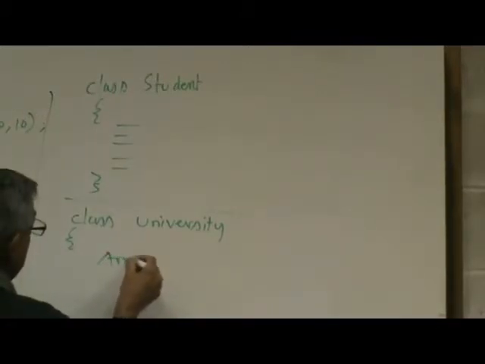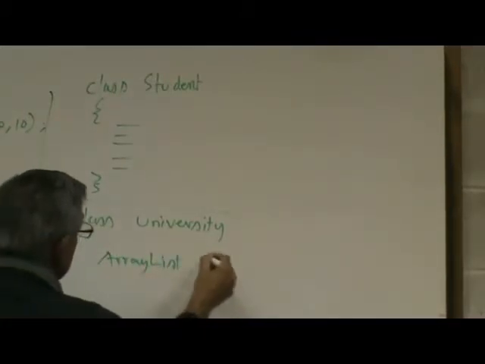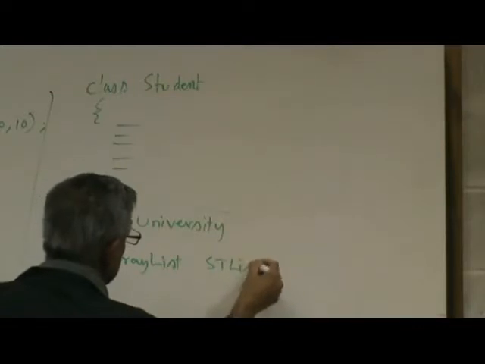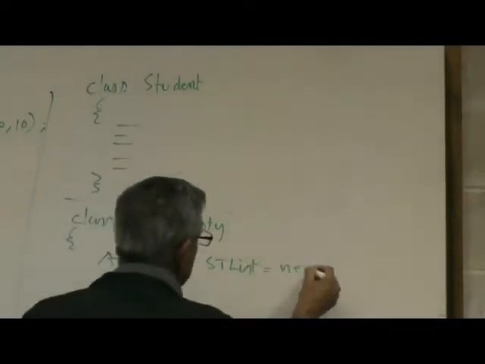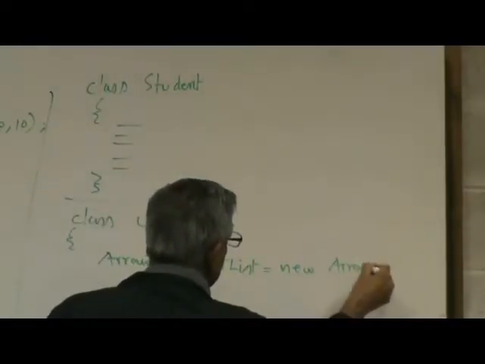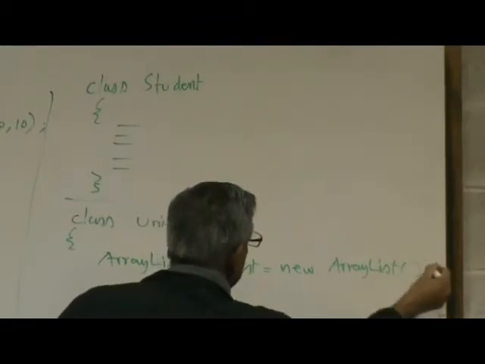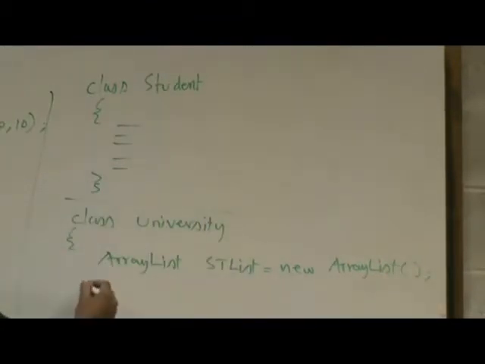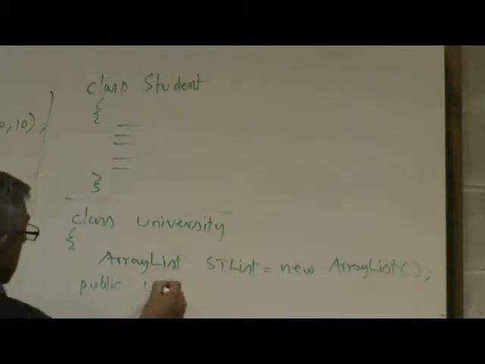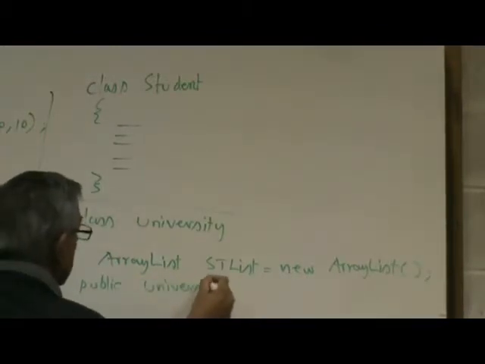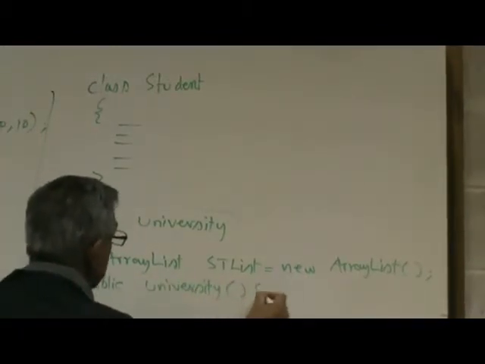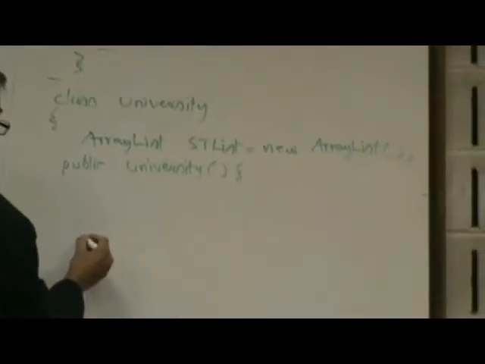So suppose we have an array list, let's say st list equal to new array list. Okay, and then in the constructor, let's pretend we create several students.